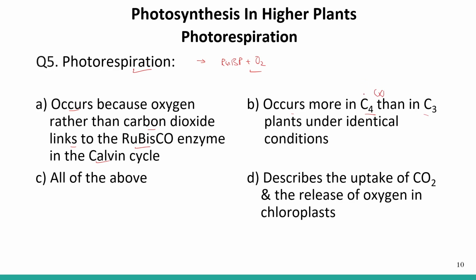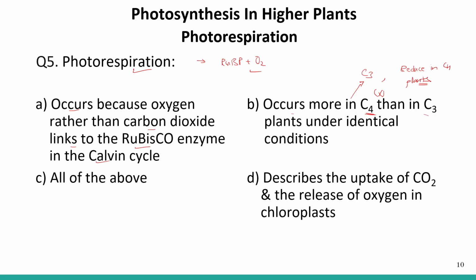It occurs more in what? C3. It occurs more in C3 plants, and less in C4 plants. Or you can say photorespiration is reduced in C4 plants.